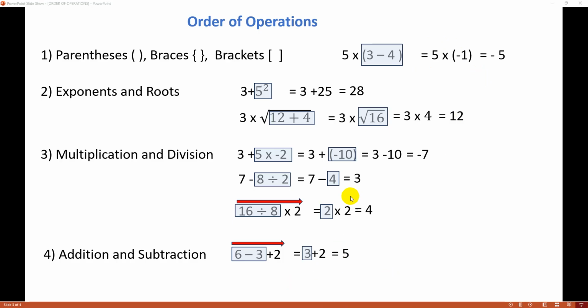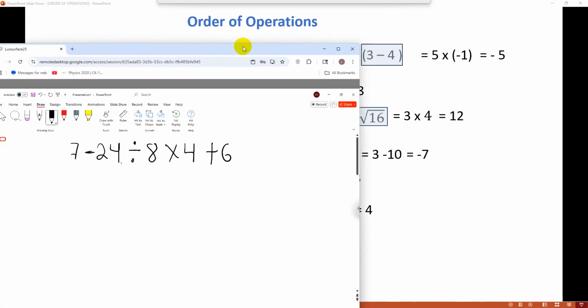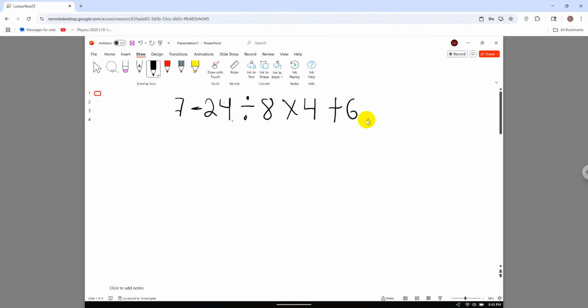Now that we have seen several examples, simple examples, we will have more complex problems to solve. So let's start working here with this problem. So here we have 7 minus 24 divided by 8 times 4 plus 6.